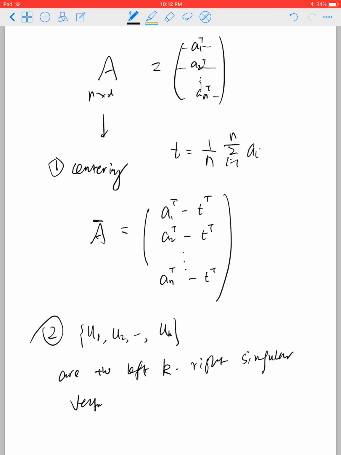And in the meantime, the optimal centering vector for the subspace F is the average row vector of A. That's called PCA. And if you want to compute each row of B, you can simply project each row of A bar, the centering matrix, onto this k basis. That's called principal component analysis.